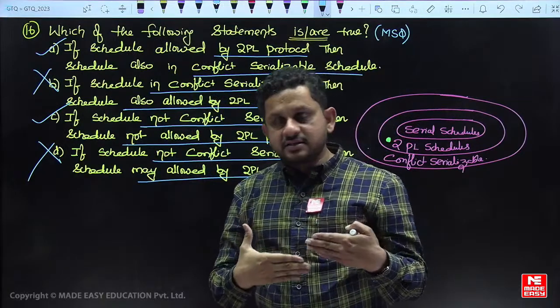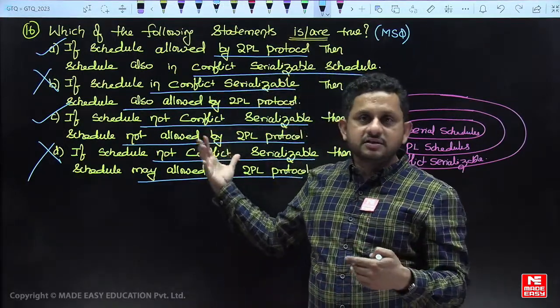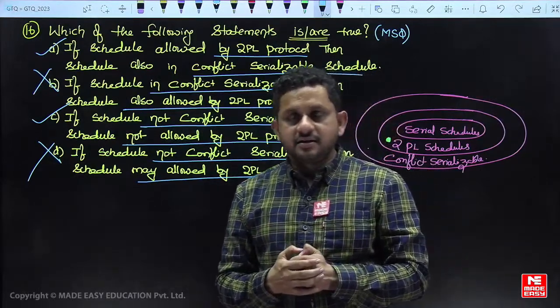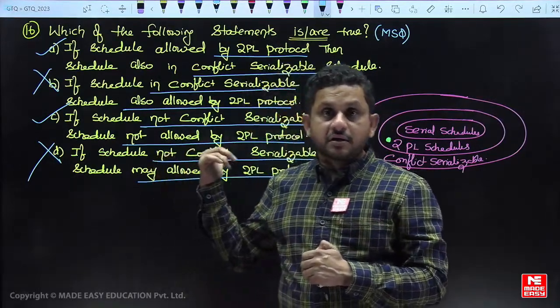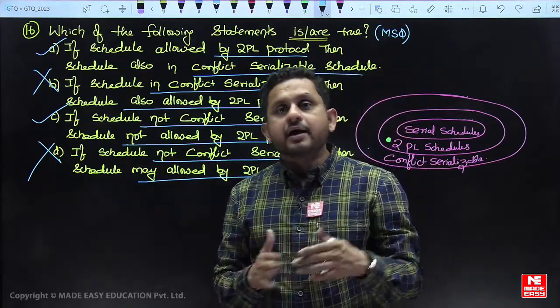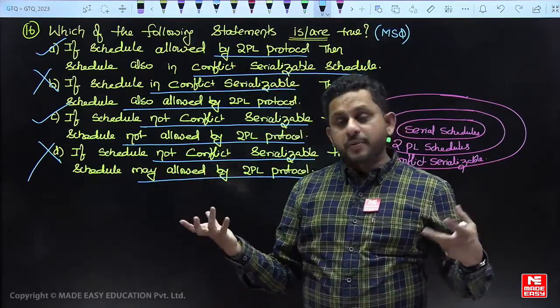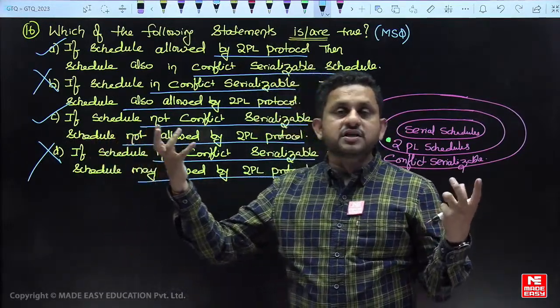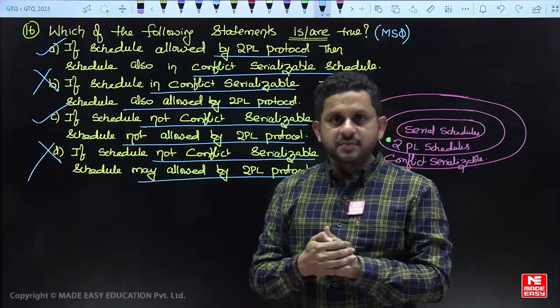And these days, because of multiple selection, the possibility of conceptual questions increases. So focus on locking protocols and timestamp ordering protocols conceptually, and solve more numericals as well as conceptual questions on conflict serialization and view serialization.